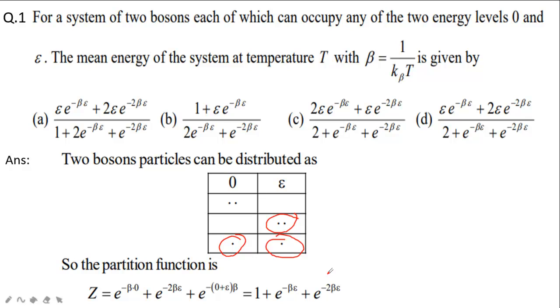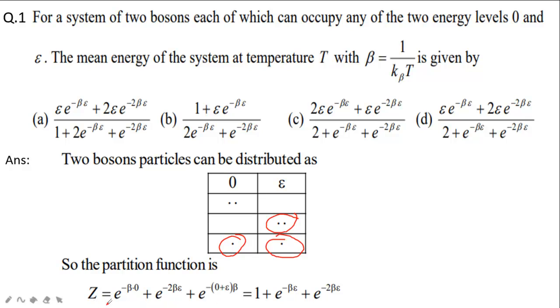Now, what will be the partition function? We are following the formula of partition function, which is Z equals summation i equals 1 to n of exponential minus beta Ei, where Ei is energy. Summation means the addition over all the ways we are filling the bosons.